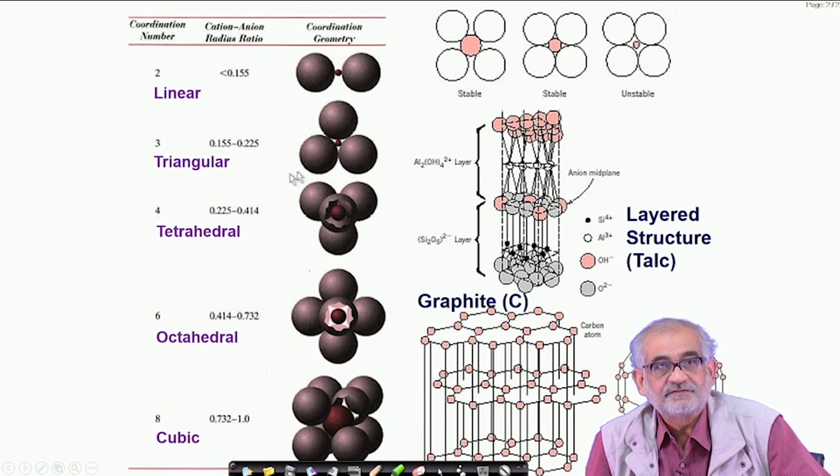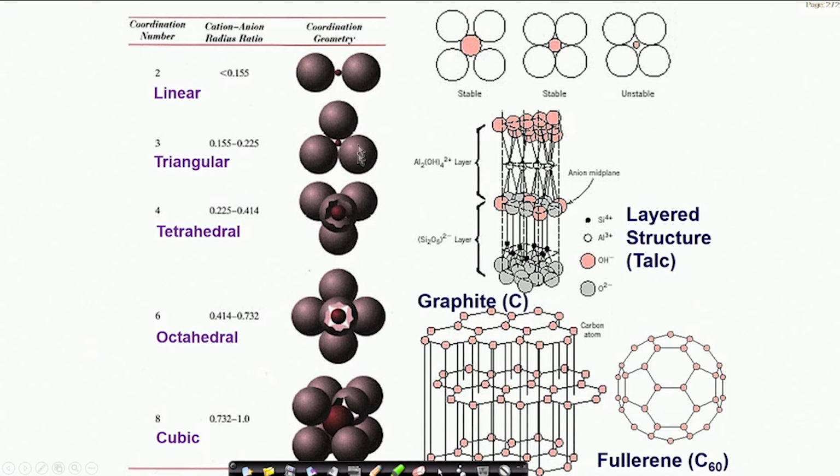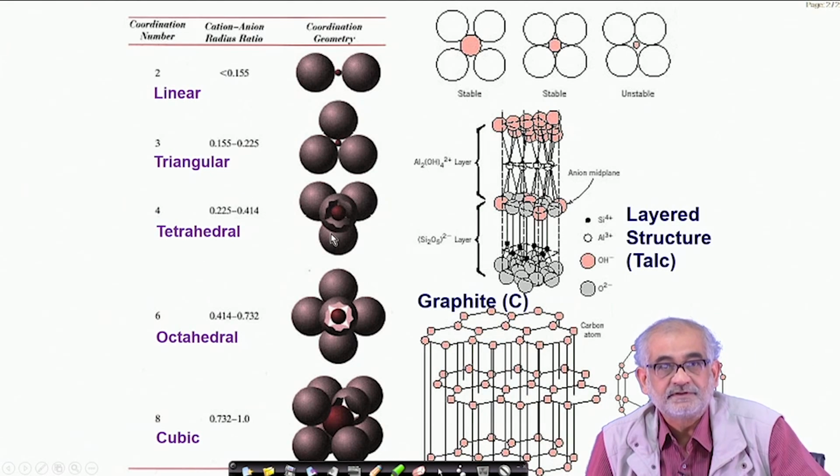If the size is between 0.155 and 0.225, the species can enjoy a triangular coordination, not in 3 dimensions as yet. These two are still in 2 dimensions.